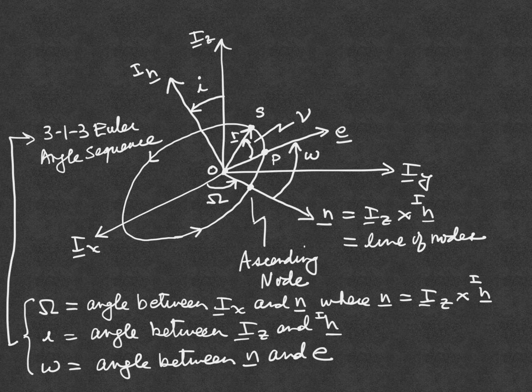So the last part of this description, at least for now, because we're not focusing in this lecture on how to compute these angles, we're only focusing on what these angles are, is we're actually going to draw some pictures to show how this actually works. And we'll start with the ellipse in its original orientation, and then we'll go through these different rotations to show this 313 Euler angle sequence.